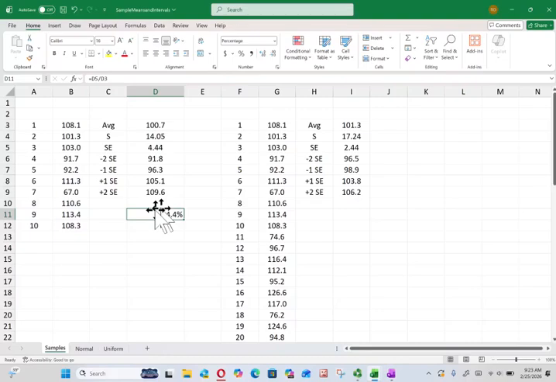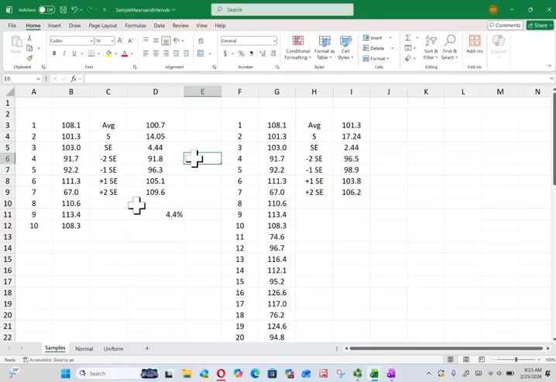Let's start with 2 standard errors down. The 91.8. Instead of a 91.8, I'm going to make it as a percent of the average, so that this 2 standard errors down is twice this 4.4. So that here, this is minus 8.8% of the average. It's 2 standard errors down.